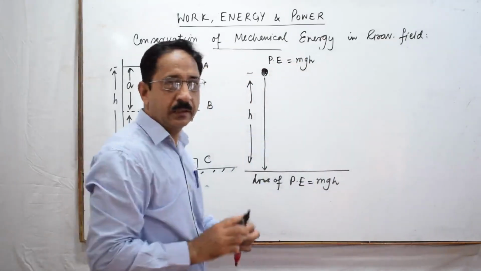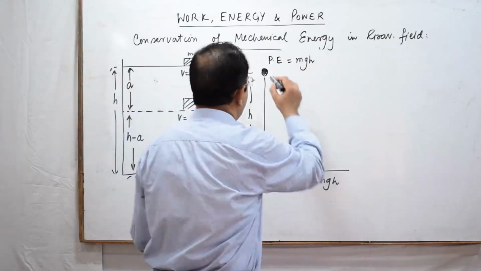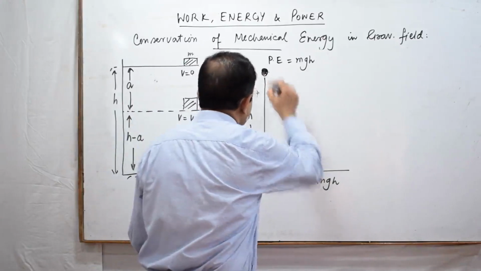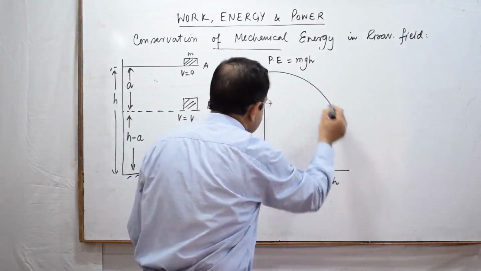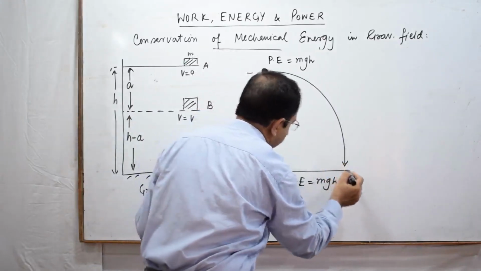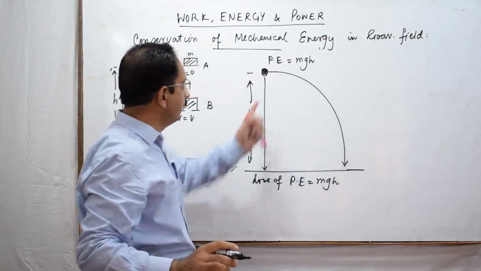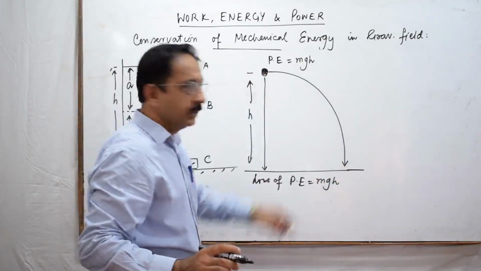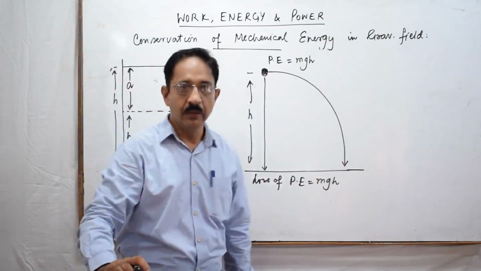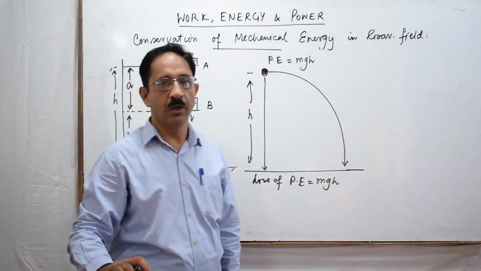अब हम ऐसा करते हैं कि let's make this object fall to the ground not along the straight line path, but along this path. And our question is, during the fall along this path, is the work done equal to the previous value or not?